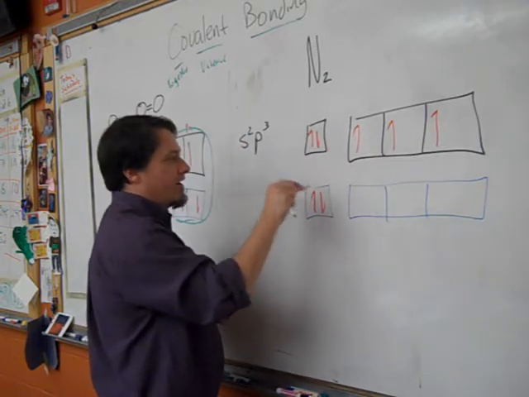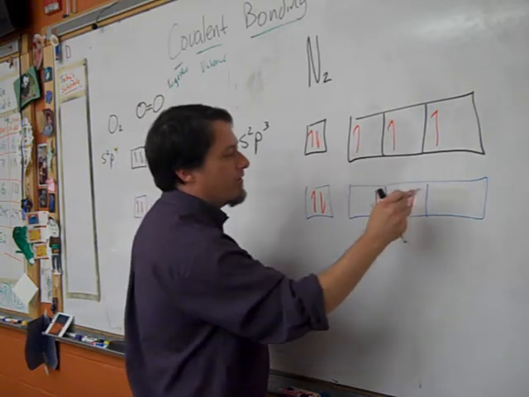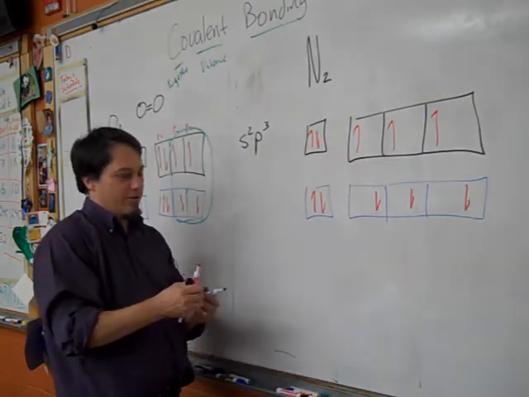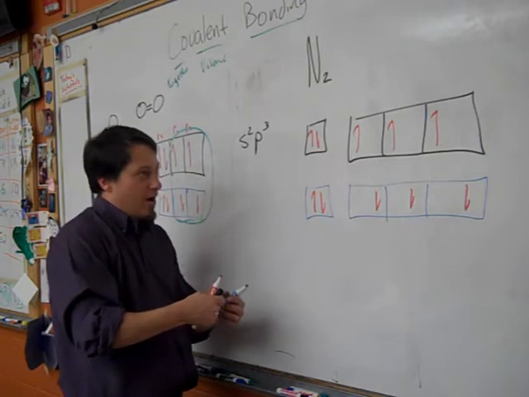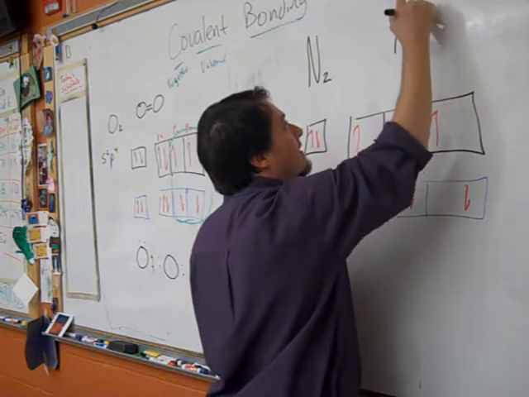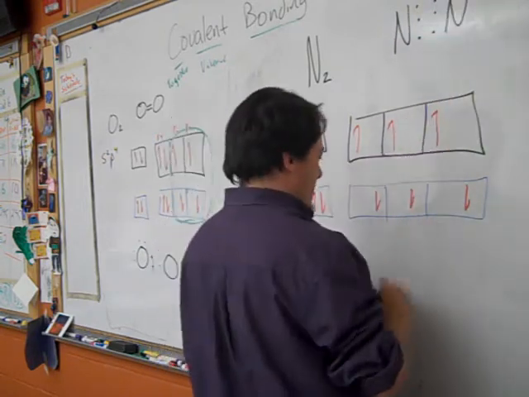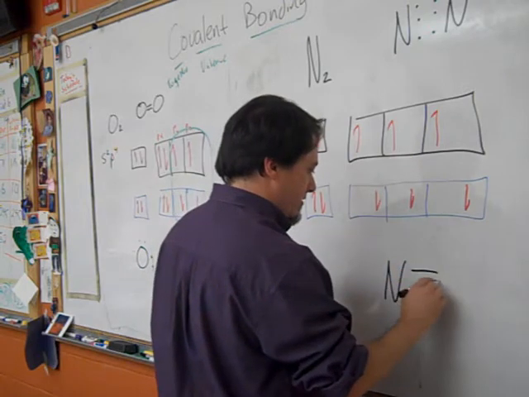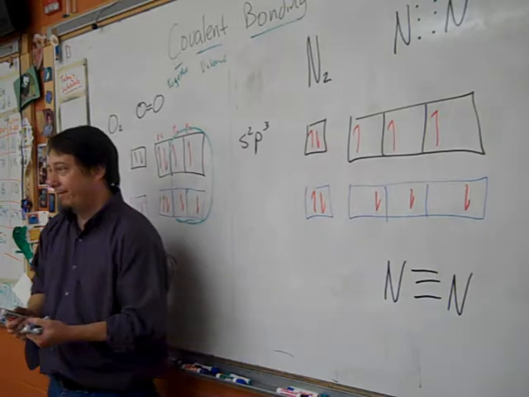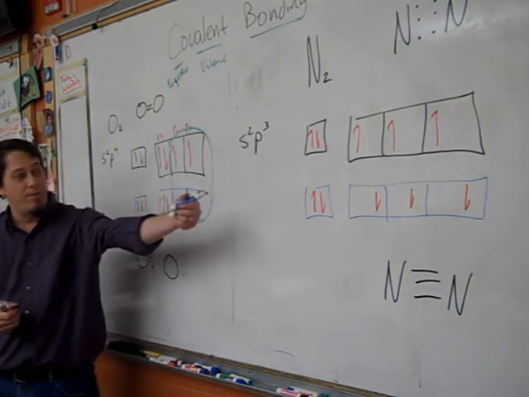The two s orbitals aren't going to interact, but the 3 p orbitals are going to interact. Each of them is going to be sharing an electron, and this forms a triple bond, which would be written like this, or like this. Okay, so anyway, single bond, double bond, triple bond.